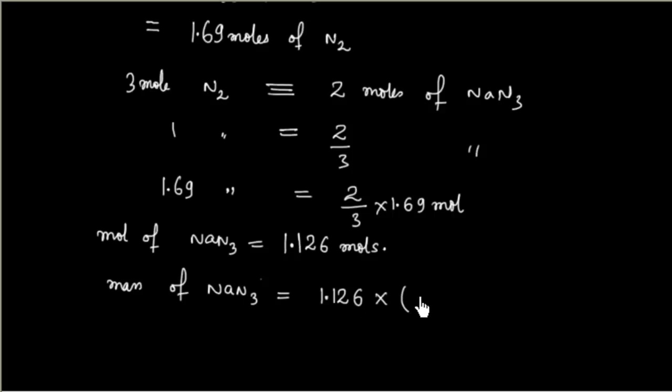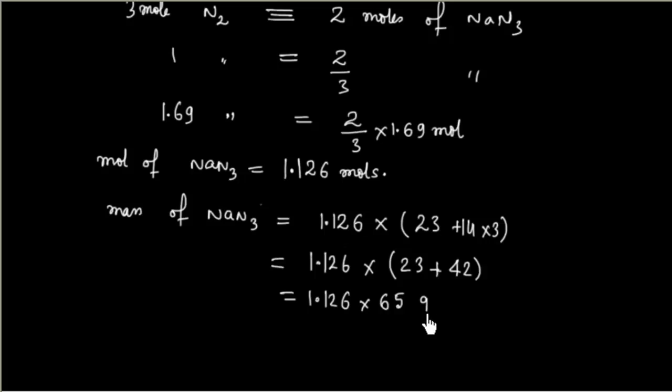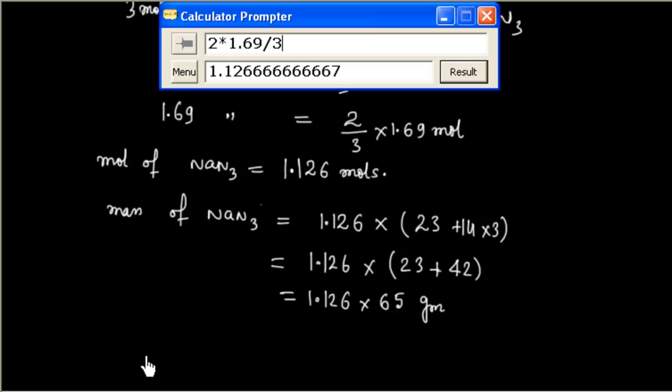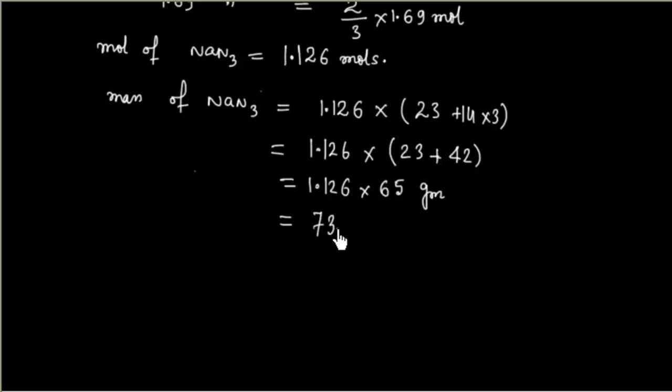Molecular weight is 23 plus nitrogen 14 into 3, that is 42, so 1.126 into 65, and this will be in gram. 1.126 into 65 is 73.19, around 73.2 gram.